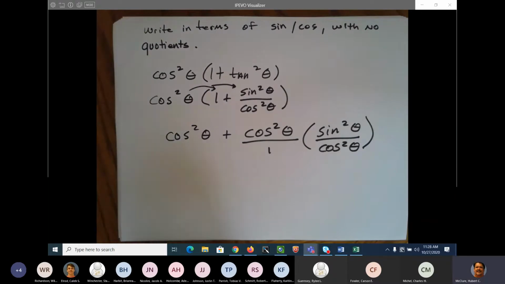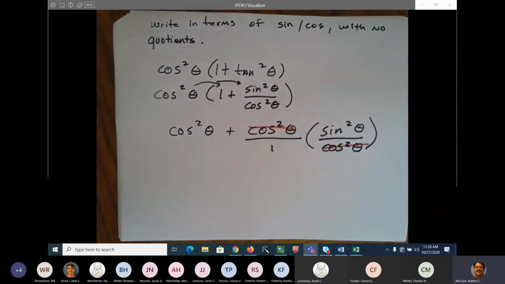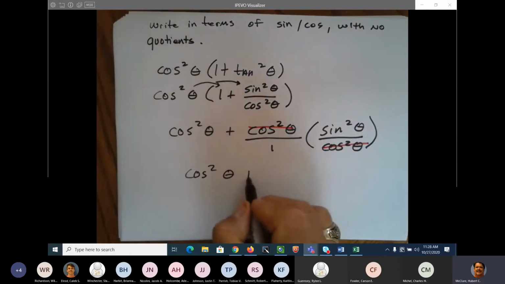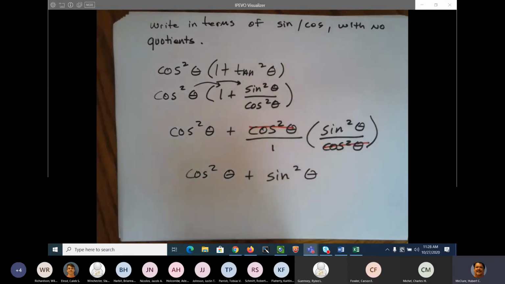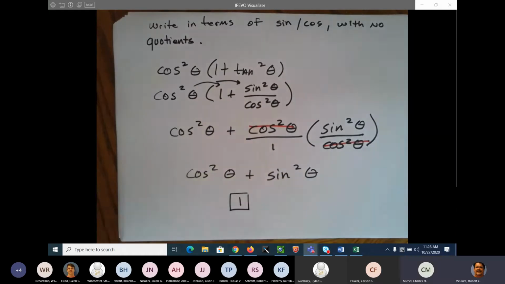What happened to the cosine squared? They cancel. Appreciate y'all's interaction. That gives me cosine squared theta plus sine squared theta. And what is cosine squared plus sine squared? 1. That's why that's a good test question. Short and sweet and to the point.